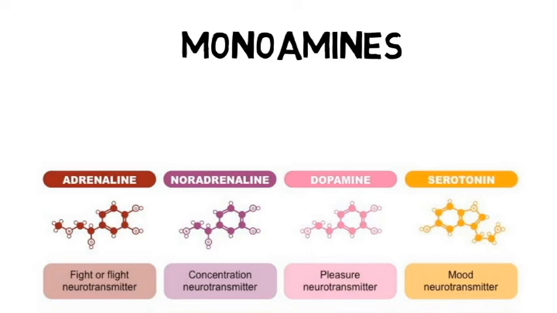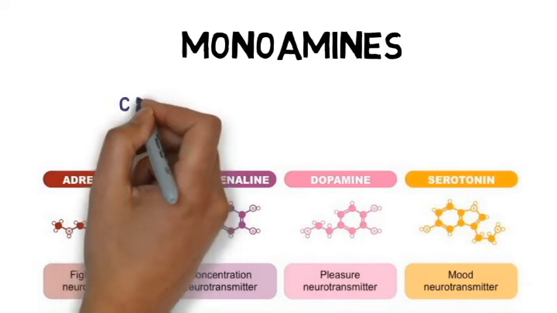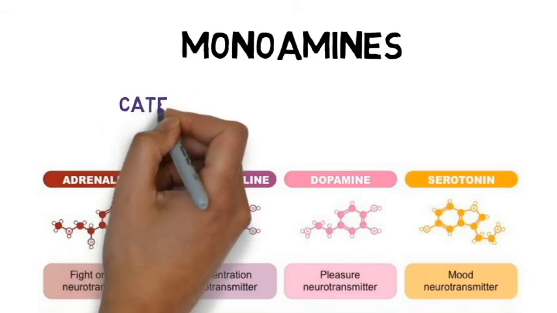Now, when it comes to neurotransmitters for understanding people, there are some very important what are called monoamines, biogenic amines, also called monoamines, in the central nervous system. And these include the catecholamines.